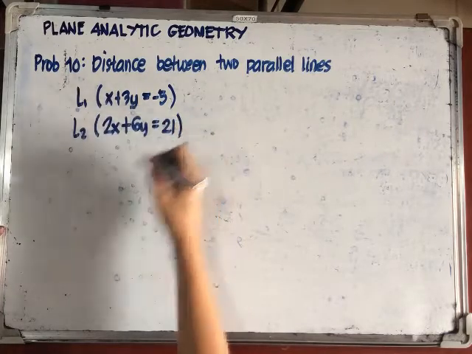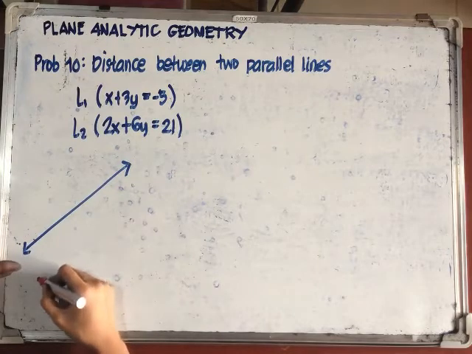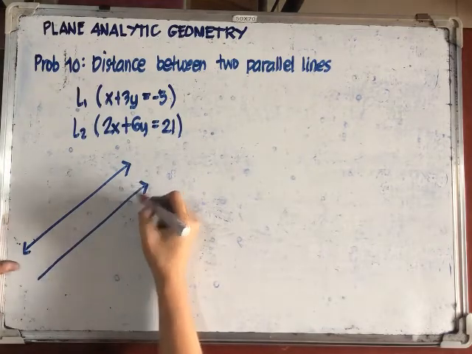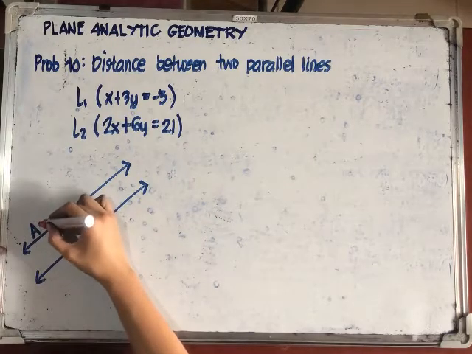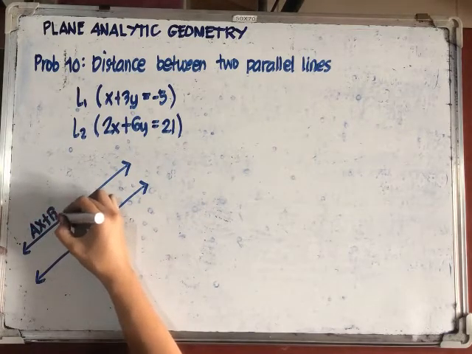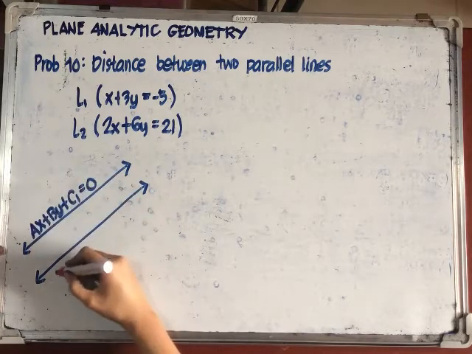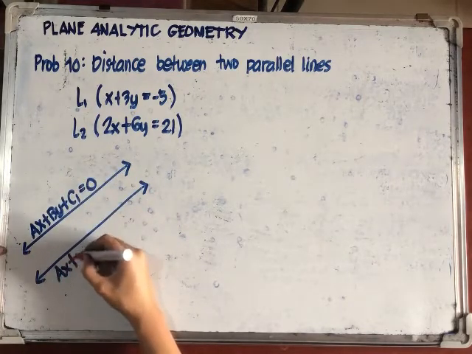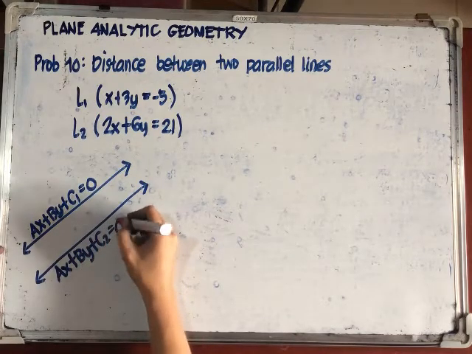Okay, so what happens here is dalawang parallel lines sila. And di ba we know that pag parallel lines, pareho ang slope. So this is in the form ax plus by plus c1 equals 0. And this is ax plus by plus c2 is equal to 0.